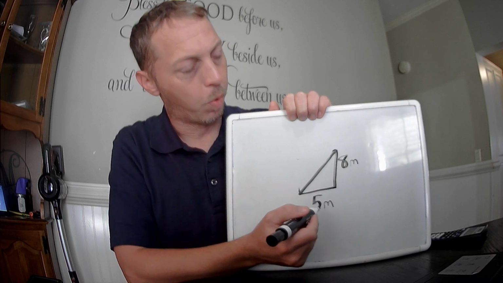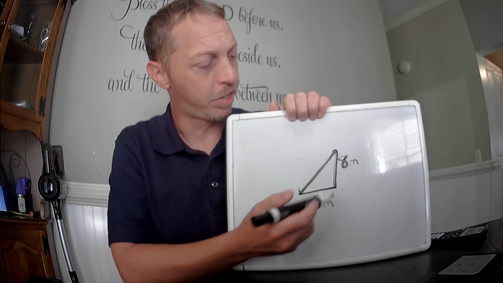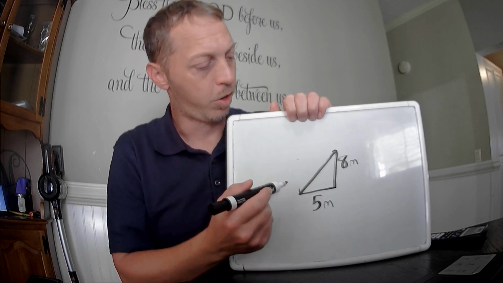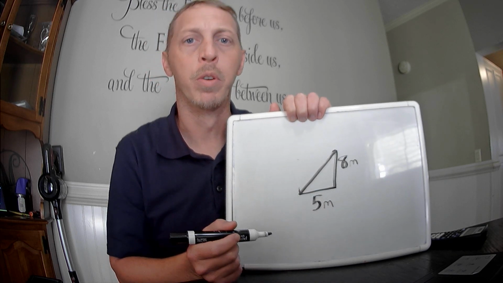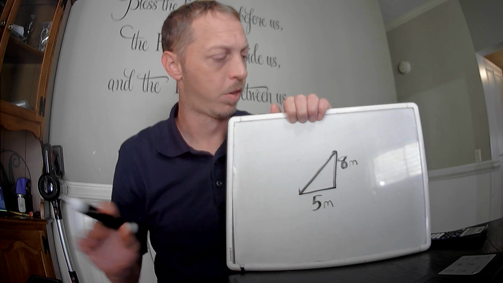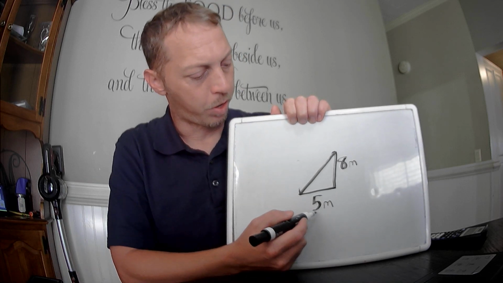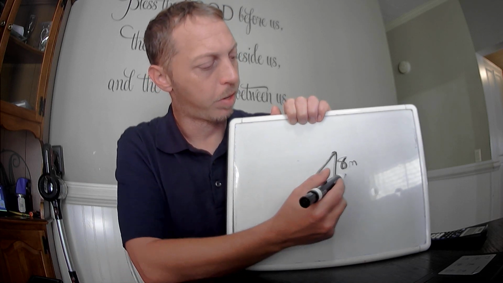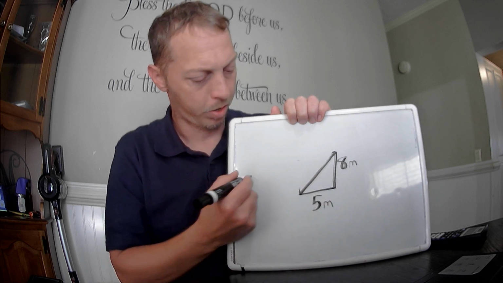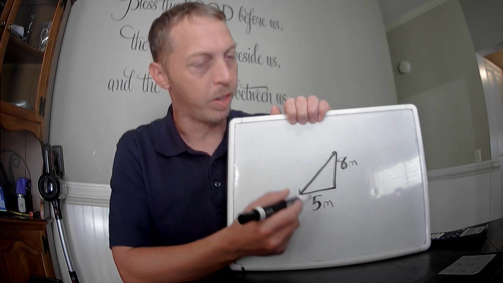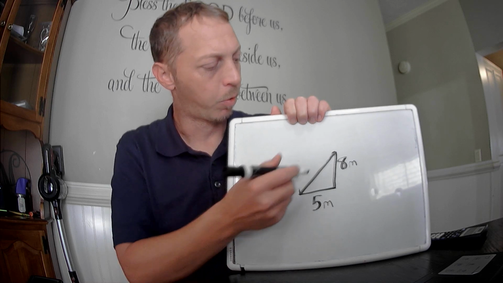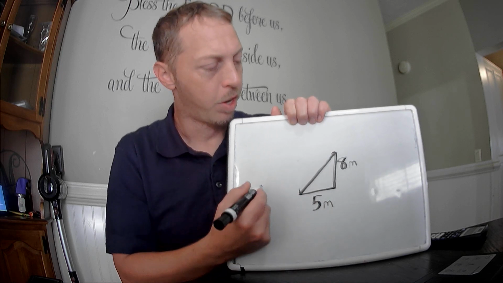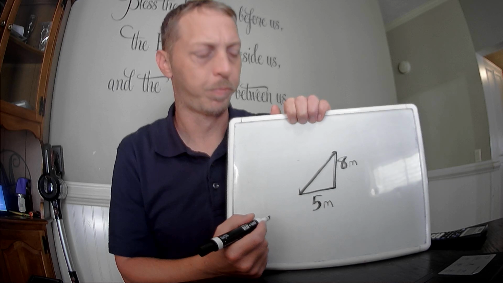So if you do 1/2 times the base times the height, you're doing the area for half of what we were doing before. With this one, it's 5 meters times 8 meters, but that would be the entire rectangle, so we're not going to do that.